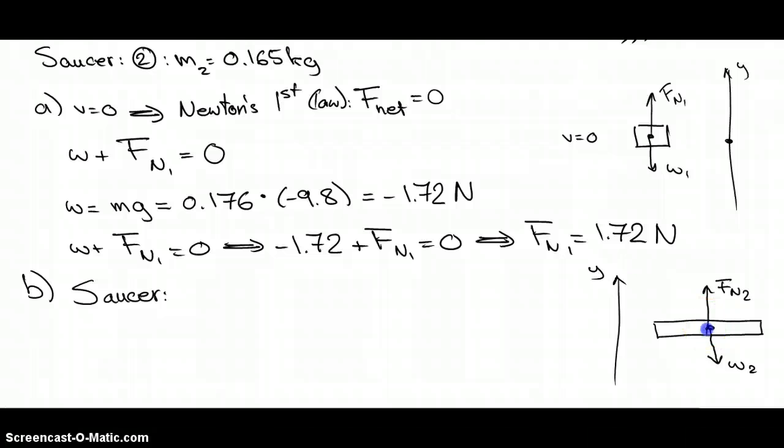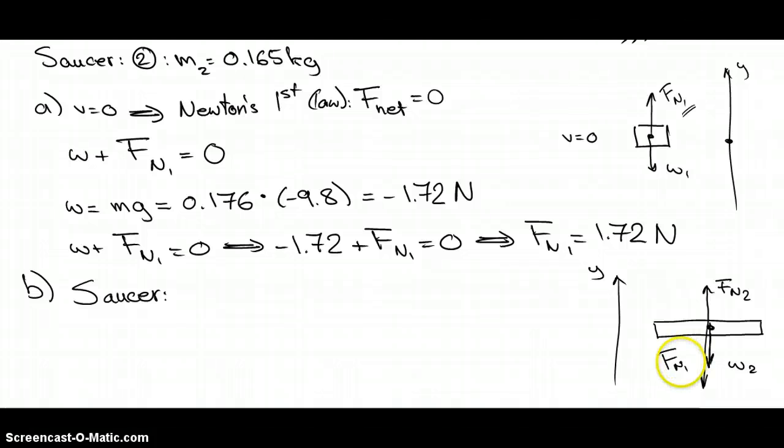There's another way to understand it. There is a force by the saucer on the cup. We've just found it. Well, its reaction is force by the cup on the saucer, equal in magnitude and opposite in direction. So, do you understand now why we have another force on the saucer?